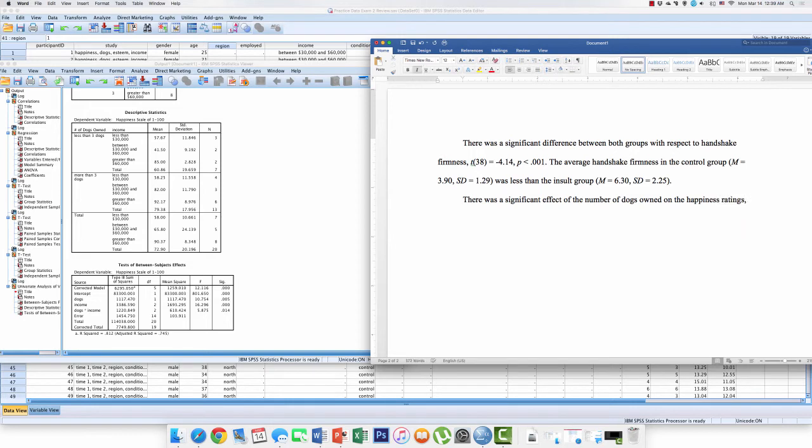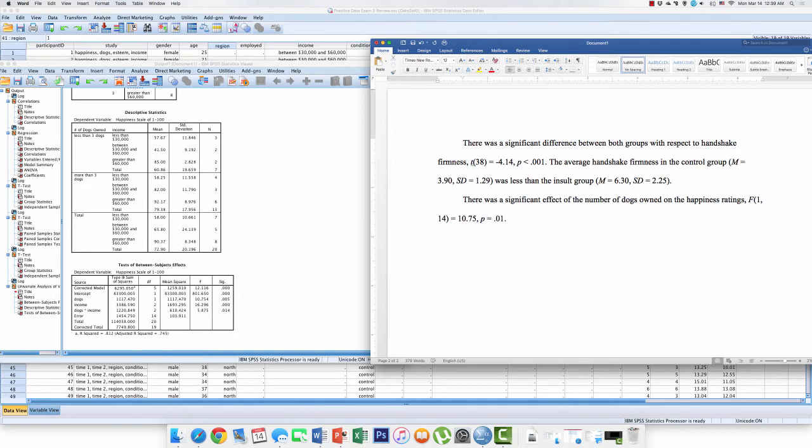And then you're going to include the F value, F, and then for dogs it's 1, then we have our error, which is 14, then 10.75, P equals 0.01.